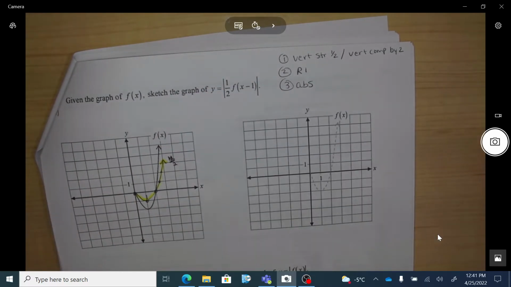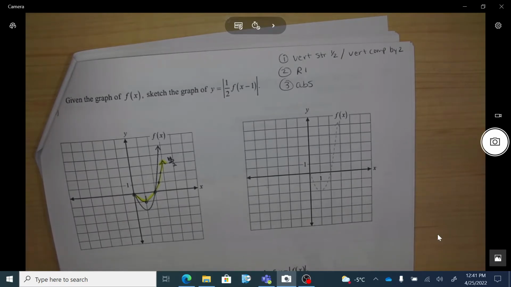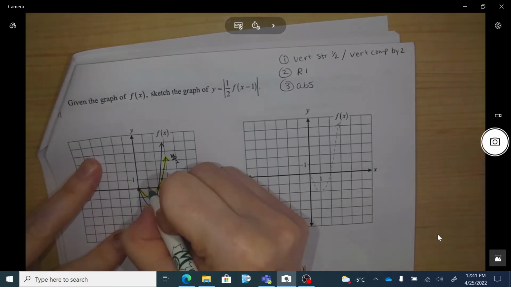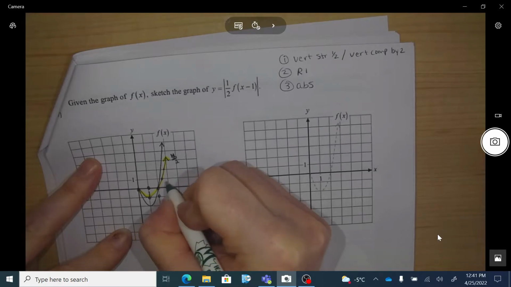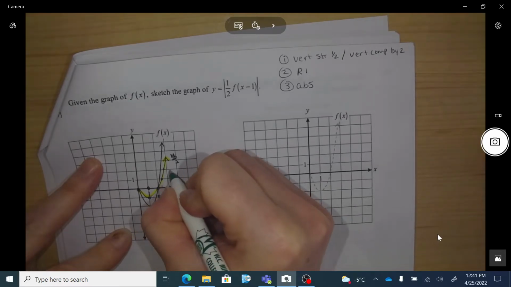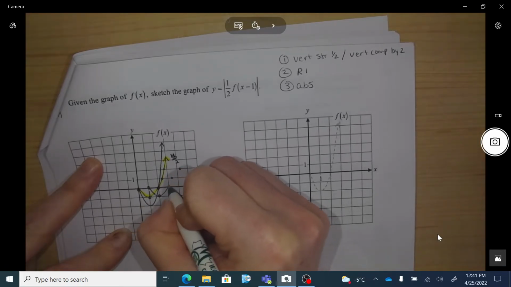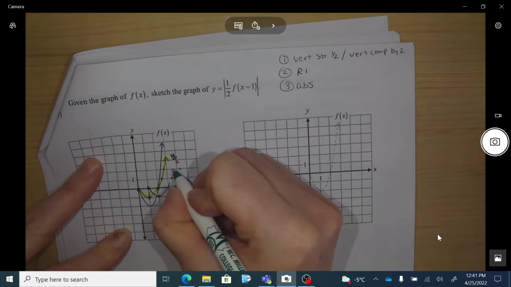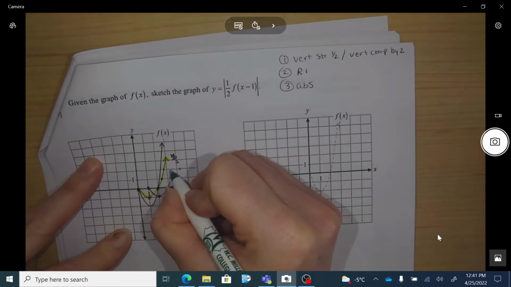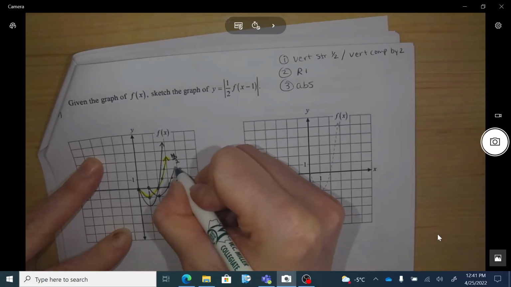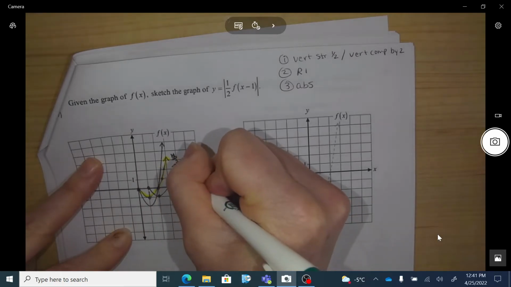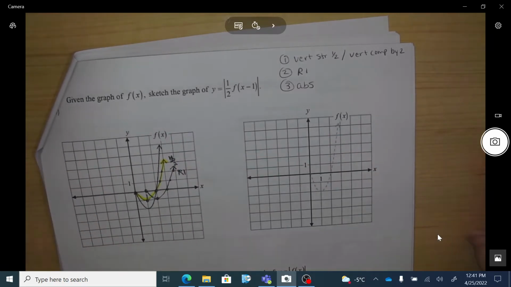Okay, that was me compressing my y values. Now I'm going to move right 1. So right 1.